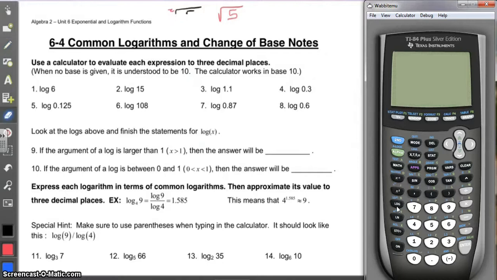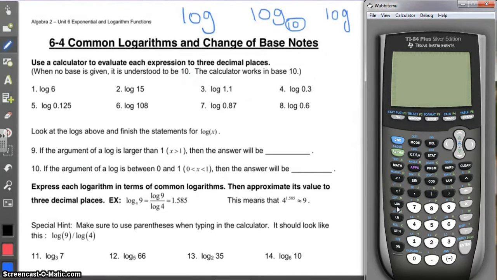So every time you see a log like this, you will directly assume that there should be a small 10 written next to the log. That's what a common logarithm is, when the base is 10. Of course you don't write it, you can just write log and you assume that the base is 10.